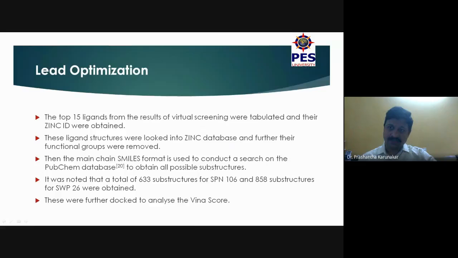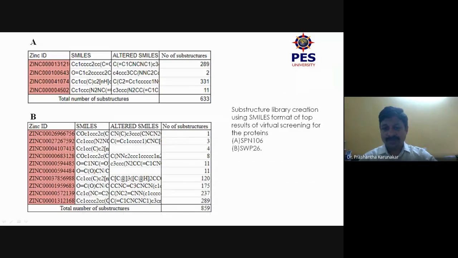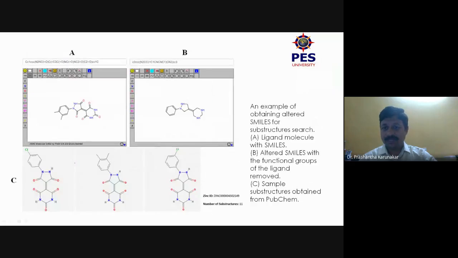as the first step in the lead identification, then performed the lead optimization, then we took the top 15 ligands, performed the virtual screening, we looked for the substructure search. So what we did in an overall view, if this is the lead molecule, okay, we just removed some of the functional groups and looked for the substructure search.